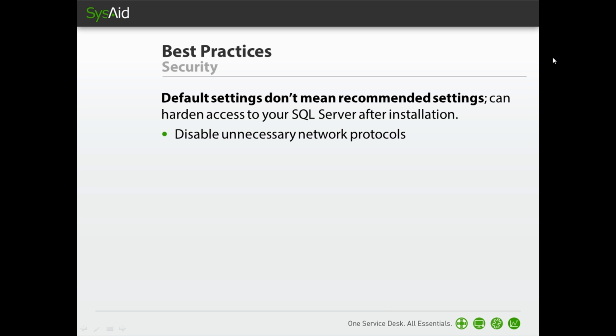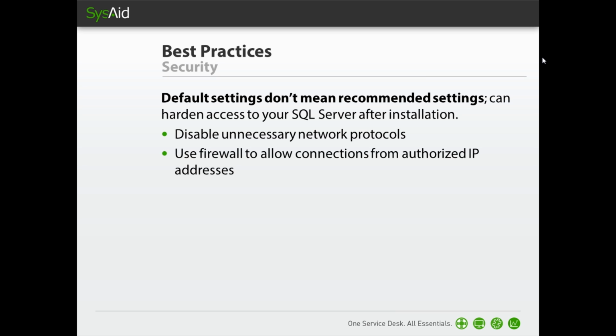Disable unnecessary network protocols. Review what type of network access your applications require and only leave them enabled. And even when you do that, use a firewall to prevent connections from unauthorized IP addresses. Just leave the IP addresses of the applications that are really allowed to connect to that database.